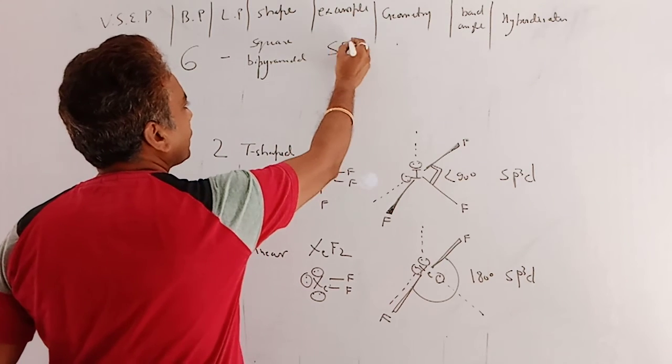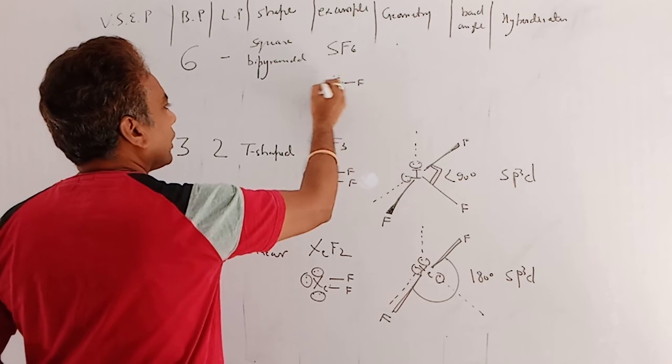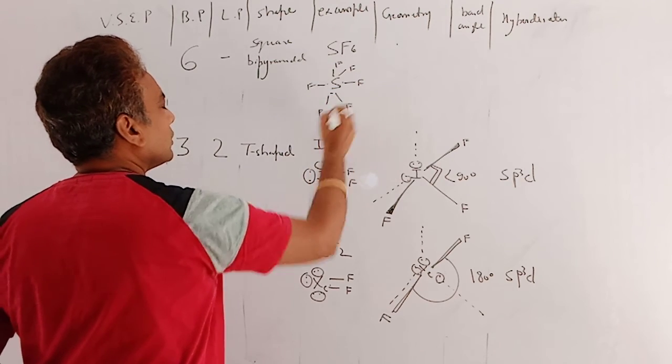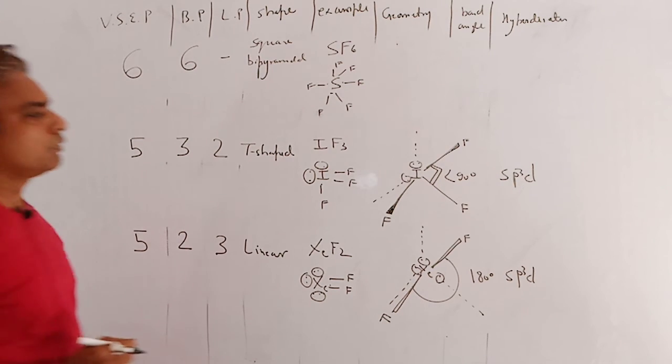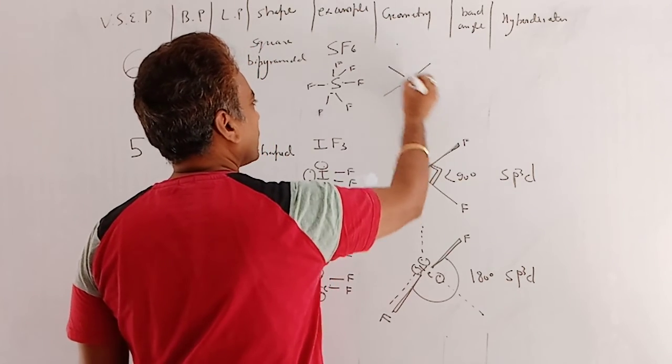Example is SF6. Sulfur contains 6 electrons in the outer shell and all 6 are shared with fluorine like this. So geometry with respect to sulfur, it is square bipyramidal. Sulfur exists at the center of the square like this.